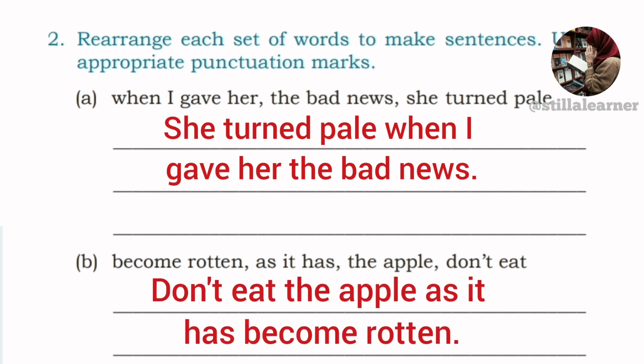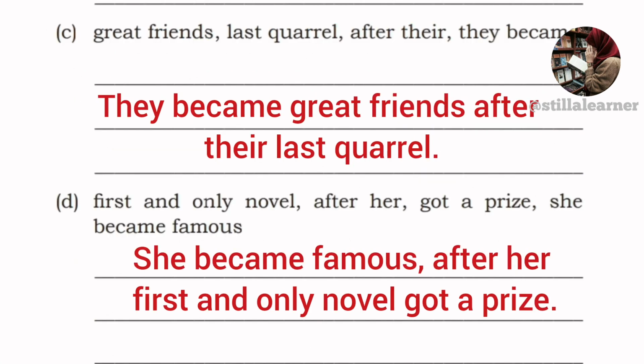Full stop. Second answer is, don't eat the apple as it has become rotten. Full stop. Next, third answer is, they become great friends after their last quarrel. Full stop. Fourth one, she became famous, comma, after her first and only novel got a prize.